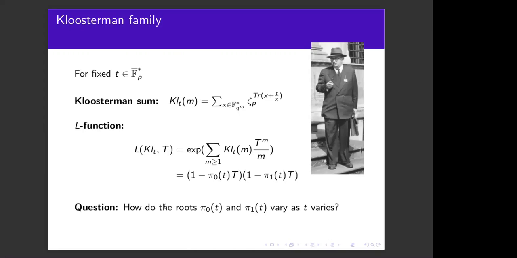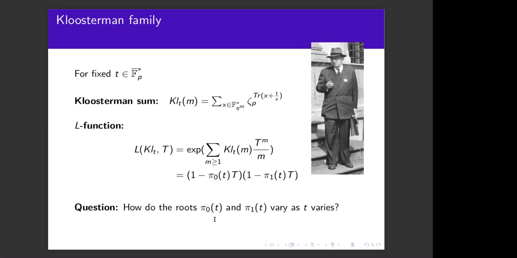One may ask, how do these roots vary as the parameter t varies? For different t, the exponential sums change, and then these roots change, and you want to know how this varies. There are various ways to try to answer this question.